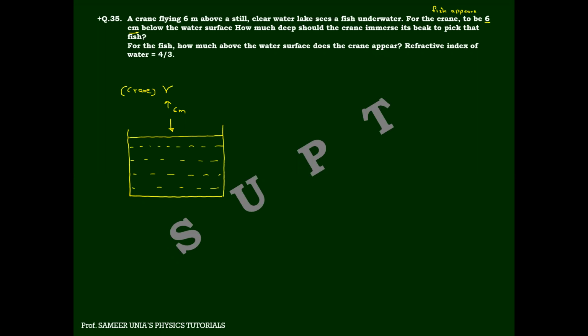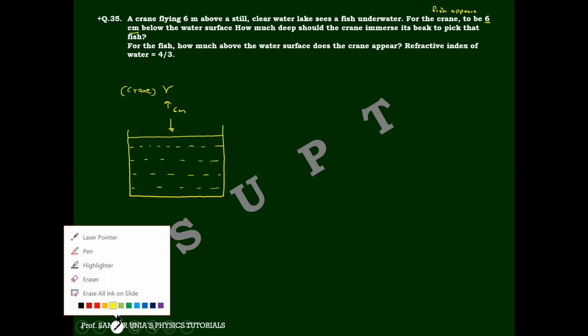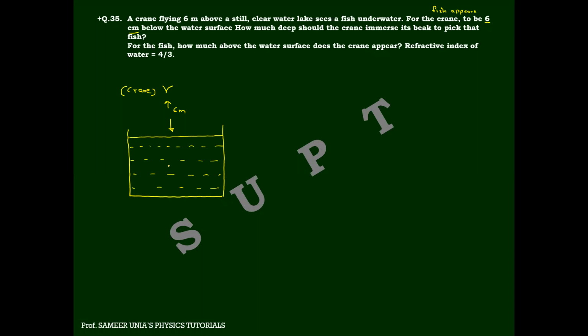मतलब यहां पर इसको क्या दिख रहा है? क्रेन को क्या नजर आ रहा है? फिश है यहां पर. कितना सेंटीमीटर नीचे दिख रहा है उसको? 6 सेंटीमीटर उसको दिख रहा है, उसको ऐसे लग रहा है.